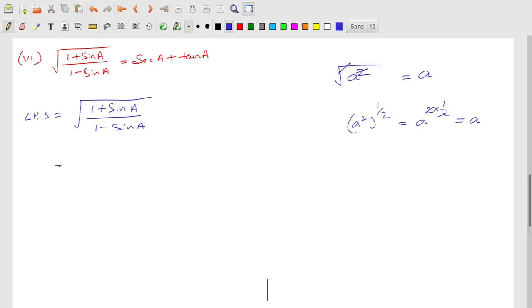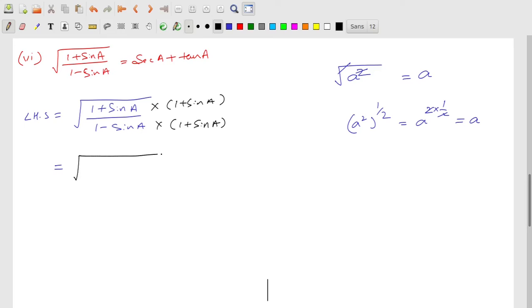So what I will do, I will multiply both the numerator and denominator, this step is important here, by the conjugate of this. What is conjugate of this? Just change this sign. So what you will get, 1 plus sin A. I will multiply 1 plus sin A in the numerator and denominator, right?